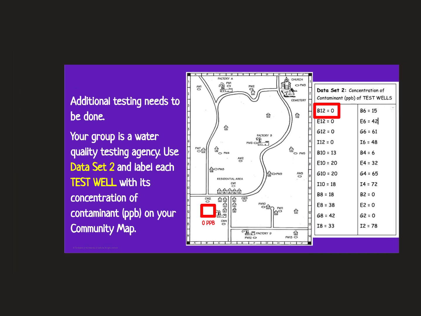Additional testing needs to be done. Your group is a water quality testing agency. Use dataset number 2 and label, see, this is dataset number 2, and label each test well with its concentration of contaminant in parts per billion on your community map.